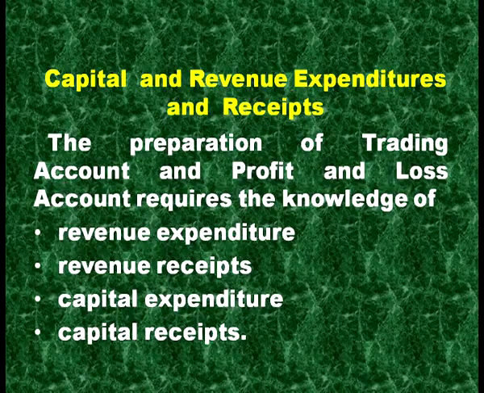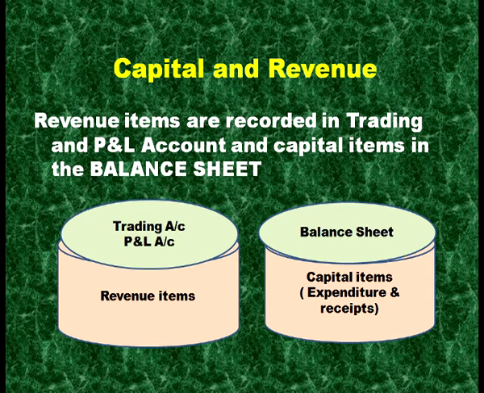The preparation of trading account and profit and loss account requires the knowledge of some important items like revenue expenditure, revenue receipts, capital expenditure and capital receipts. Revenue items are recorded in the trading and profit and loss account, and capital items are recorded in the balance sheet.